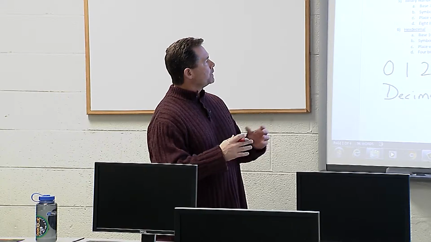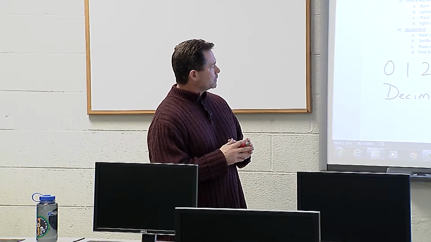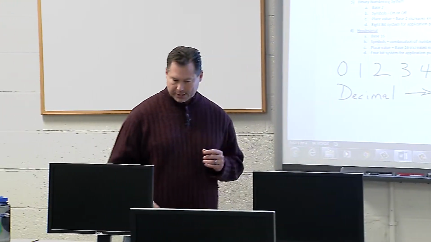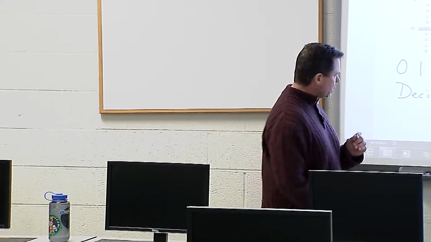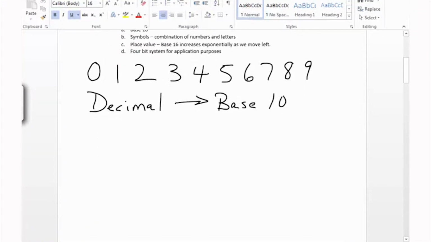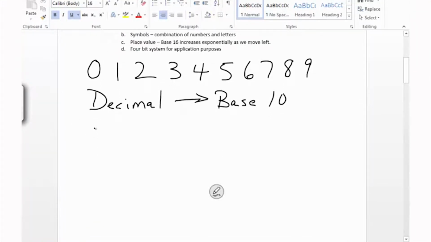Okay, all that being said, let's go in and do a little bit of work with the decimal numbering system. We're just going to pick a random number here, and let's just take 4, 3, 1.